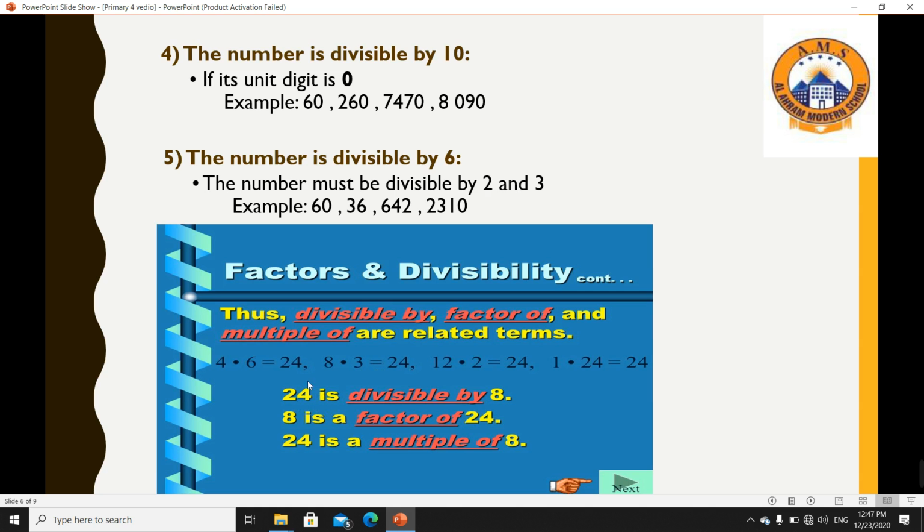So, I will say 24 is divisible by 8. And 8 is a factor of 24. And 24 is a multiple of 8. All of them relate to just this example, which is 8 multiplied by 3 equals 24. So this is why the 3 lessons are related to each other. They are very, very easy. It just differs in the names, okay?